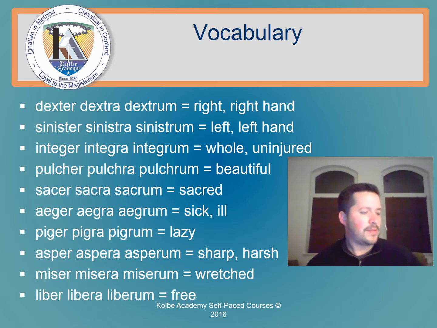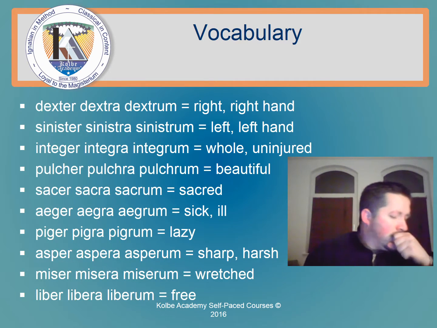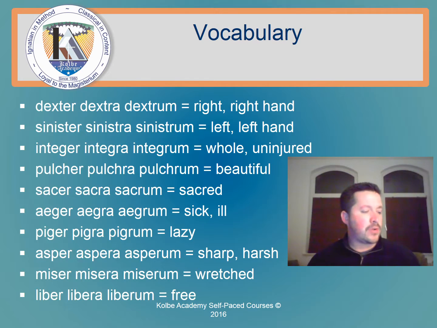And they give us some derivatives for each of these words, except a few of them where there aren't any derivatives in English. But integral and integer are both derivatives for this particular word, integer. Important word. It may not seem like it at first, but it will be when you need a Caesarian vocabulary.